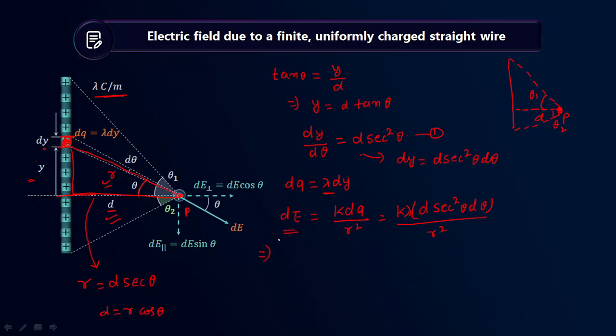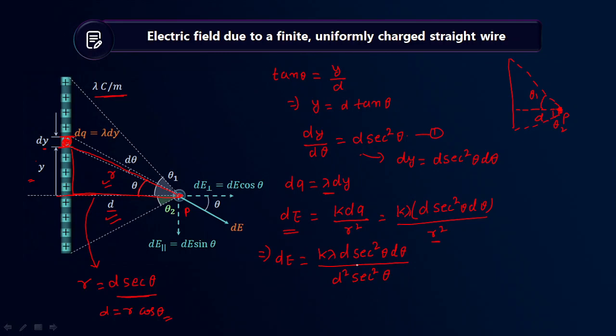Okay. So now we can say that we have dE, just put the values. That will be equal to k lambda d sec square theta d theta divided by r square. R is how much? R is d sec theta, so d square sec square theta.